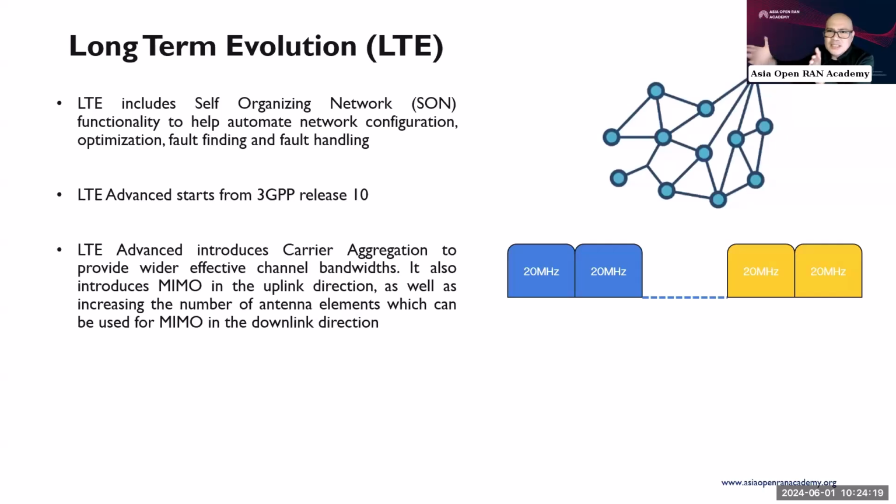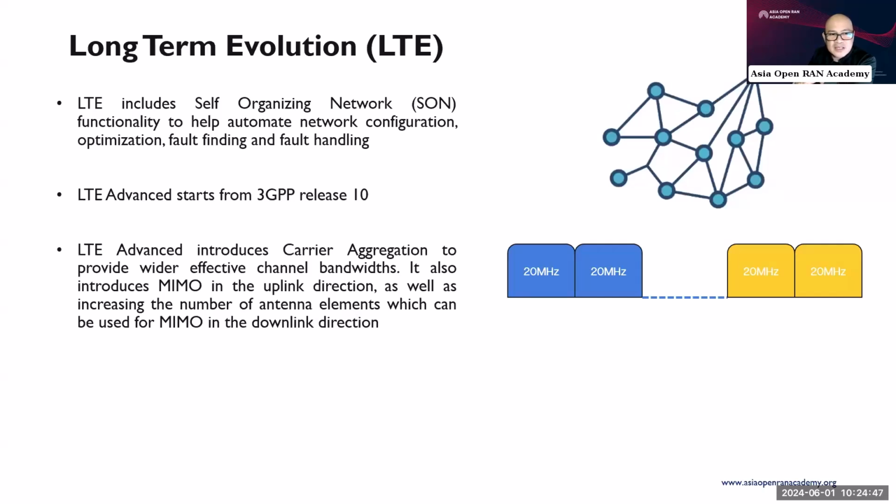Remember that the maximum bandwidth of LTE is only up to 20 MHz. But if I have a lot of spectrum, and I want to combine them to maximize the throughput of my subscribers or my network, can I combine different types of frequencies or different bandwidths?